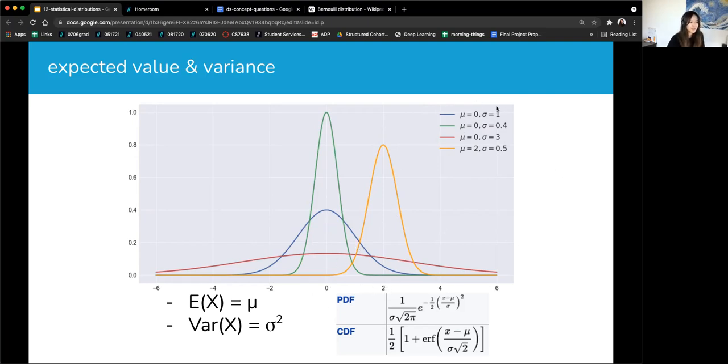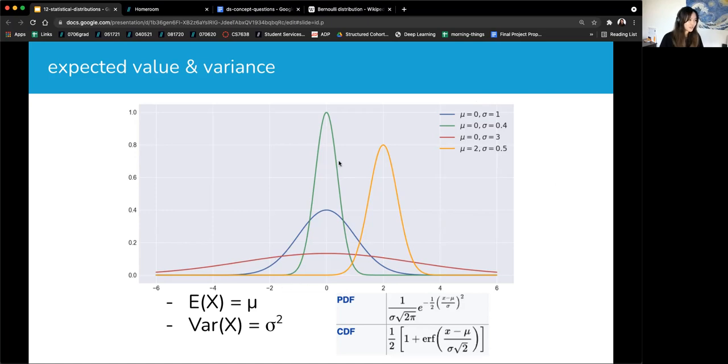Now, standard deviation is where these all differ. The greater the standard deviation, the more spread out it is. Let's compare the red one and the green one, the extremes. The green one has a standard deviation of 0.4. With a standard deviation of 0.4, 68% of the values have to be between plus or minus 0.4.